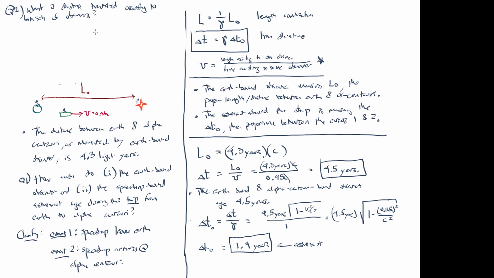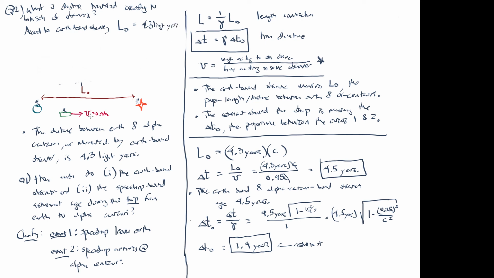Okay, well, we already said that according to the Earthbound observer, the distance that was traveled was 4.3 light years. So according to the Earthbound observer, the distance was L naught, which was, like we said, 4.3 light years.